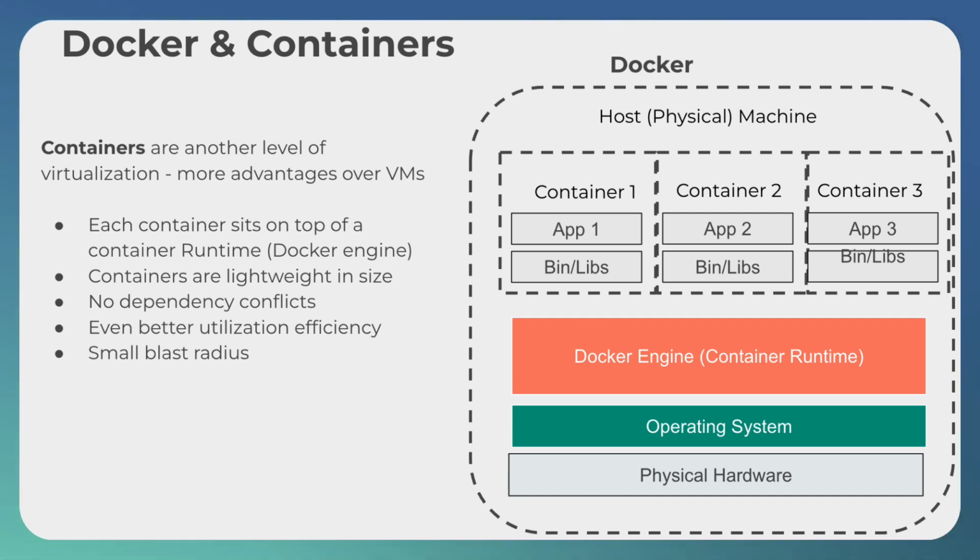Very small blast radius. So if something happens to container A or app A, it's not going to affect container 2 because it's its own entity, which is really good. That's what you want. Even faster startup and shutdowns because they are very independent and they're running, of course, on top of a Docker engine, which knows exactly what needs to be done to make sure that these are as independent as possible.